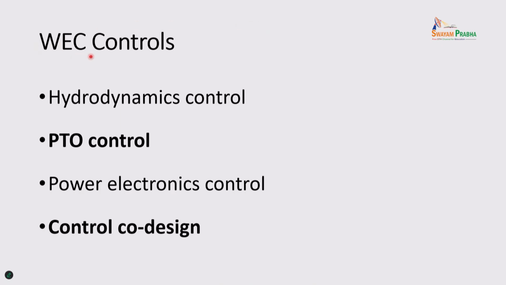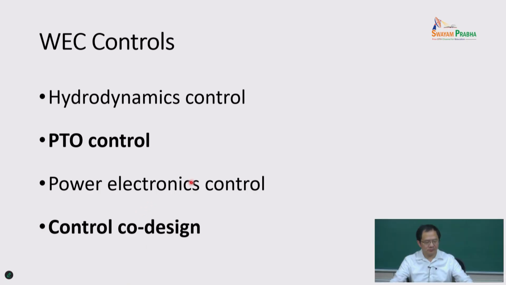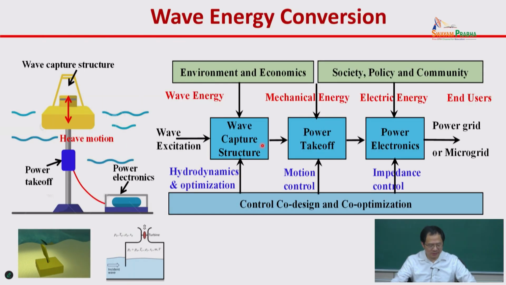Here we talk about hydrodynamics control, PTO control, and briefly recall power electronics control, then talk about control co-design. This gives you a sense. No matter whether it is a buoy, a flap, this type of surge wave converter, or an oscillating water column, the energy is transmitted from the wave. You remember what wave energy is: the power transferred at the group wave speed, proportional to amplitude squared.